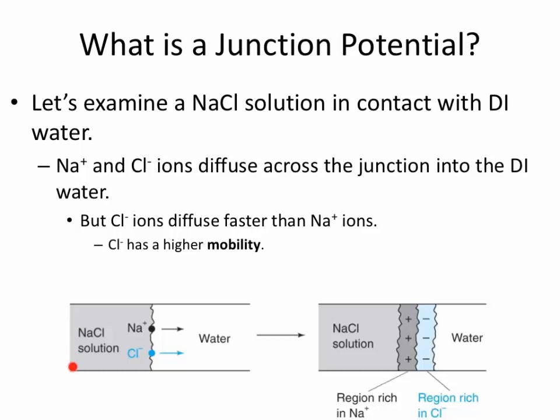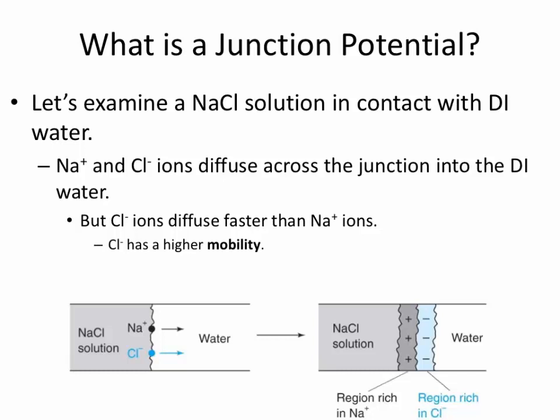So let's examine a sodium chloride solution that's in contact with deionized water. So we have over here our sodium chloride solution, and on this right side of our interface we have the deionized water. Now, the sodium ions and the chloride ions diffuse across this junction from left to right into the deionized water. But the chloride ions diffuse faster than the sodium ions do.